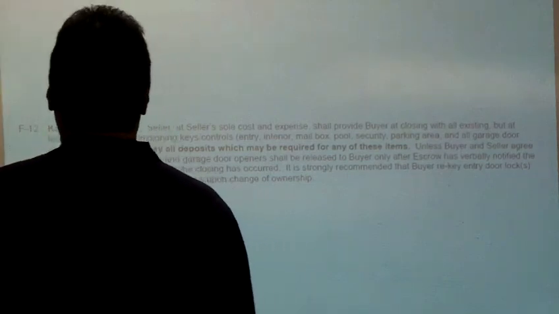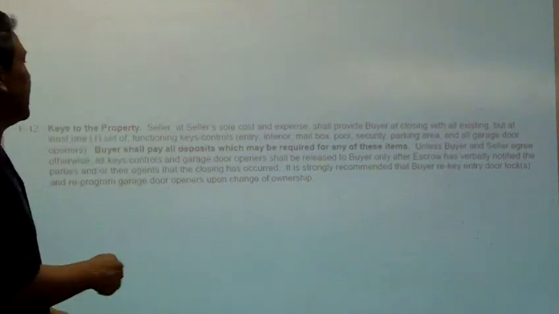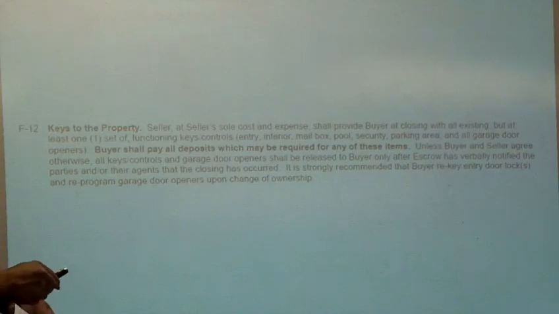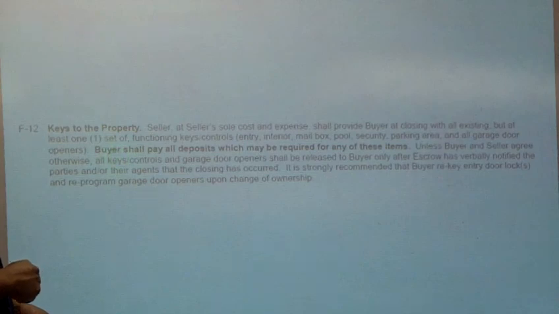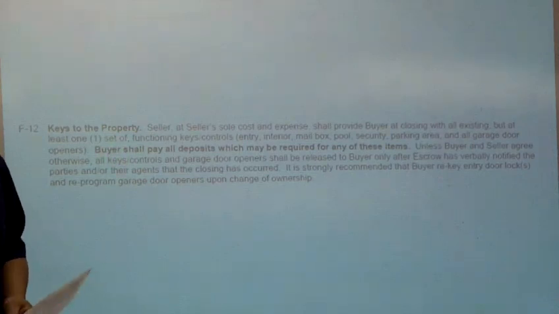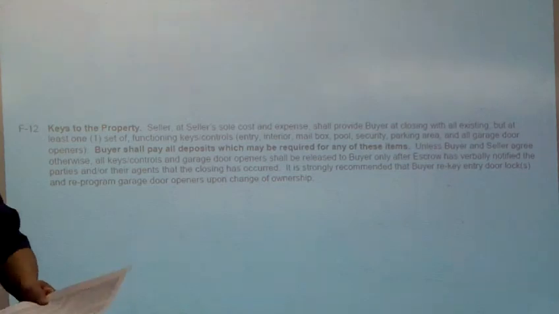F12, keys to the property at seller's sole cost and expense. They shall provide to the buyer all existing, but at least one set of functioning keys. Includes everything: mailbox keys, security keys, parking area, garage doors, everything. The seller must give at least one set.